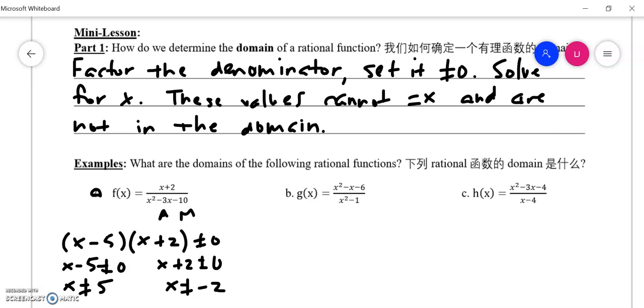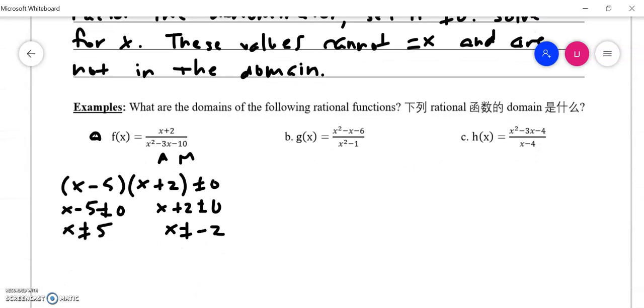These are the two values that x cannot equal because they will make our denominator 0. All right, so I'm going to write the domain. I'm going to use set builder notation because when we have not equals, it's hard to use things like list or interval notation. So x such that x does not equal negative 2 or 5.